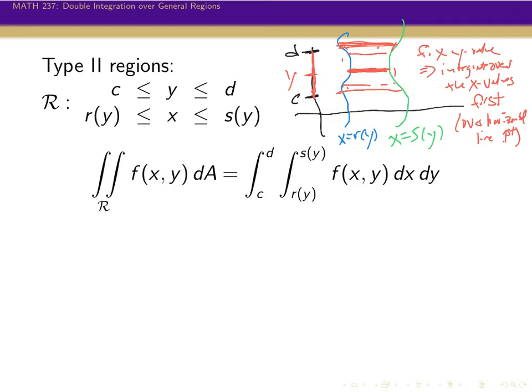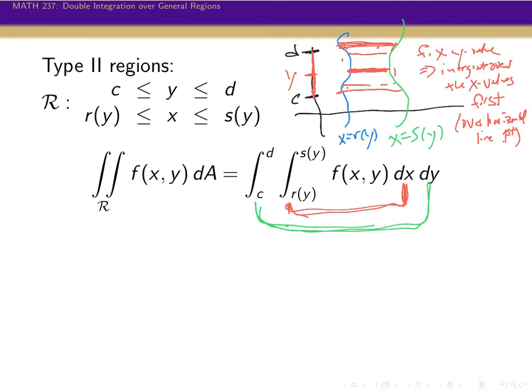Okay. So when we write this, you can see we are integrating in terms of x first, where our inner bound is the r of y and the outer bound is s of y. And then after we've done that, then we're going to be left with a function that's just in terms of y.